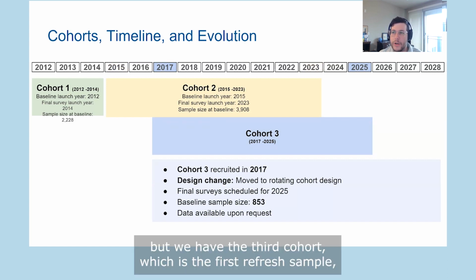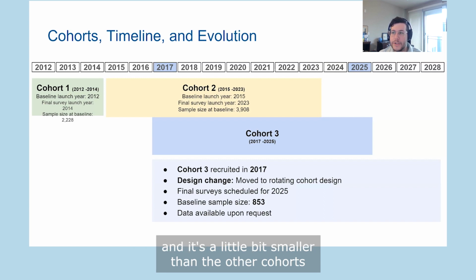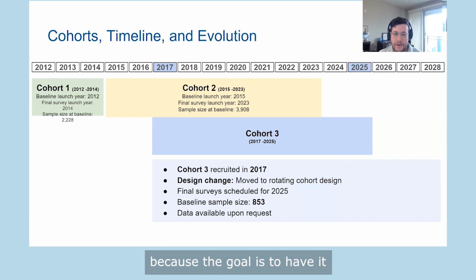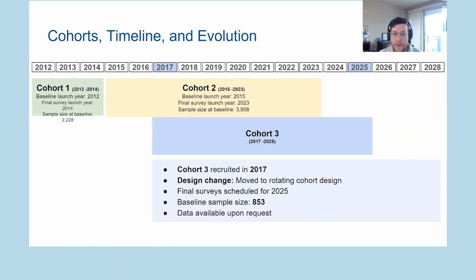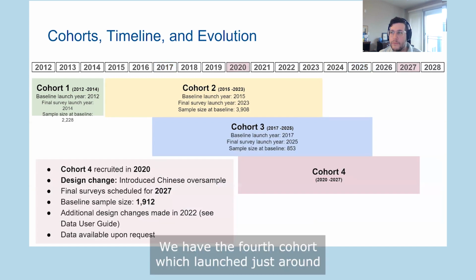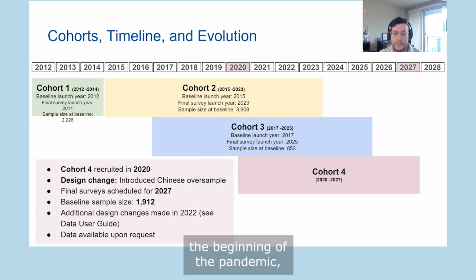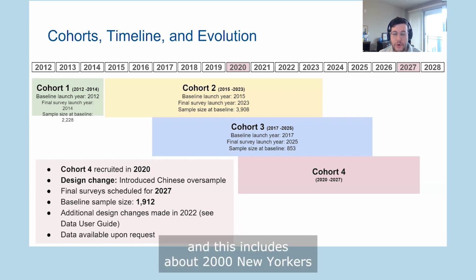I'm not going to go into all the details on the additional cohorts, but we have the third cohort, which is the first refresh sample, and it's a little bit smaller than the other cohorts because the goal is to have it as a refresh sample and supplement the main sample. We have the fourth cohort, which launched just around the beginning of the COVID-19 pandemic, and this includes about 2,000 New Yorkers.